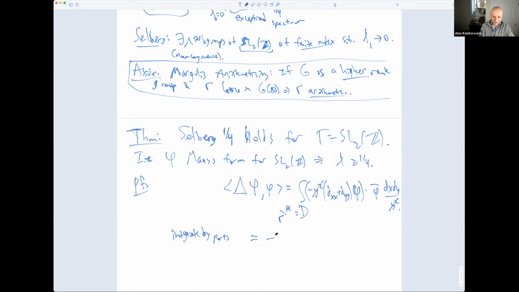The minus sign from integrating by parts is exactly why I'll get a plus sign here. I get an integral over the fundamental domain, and I move one of the derivatives over, and I get the norm squared of the gradient of phi, dx dy, not over y squared.